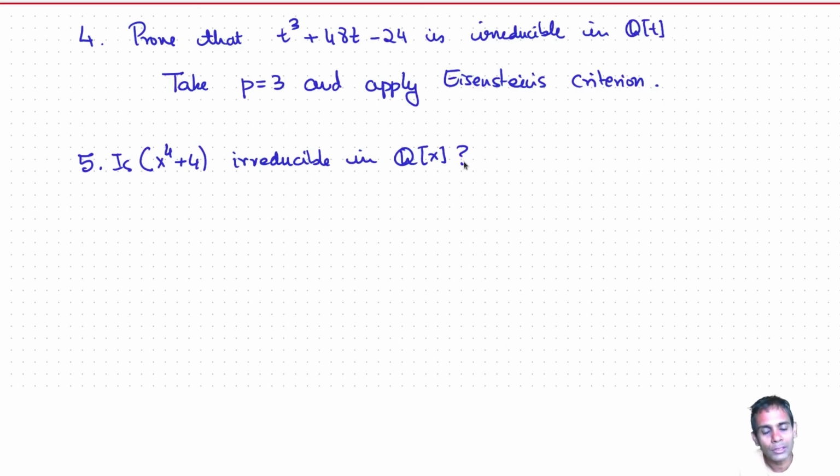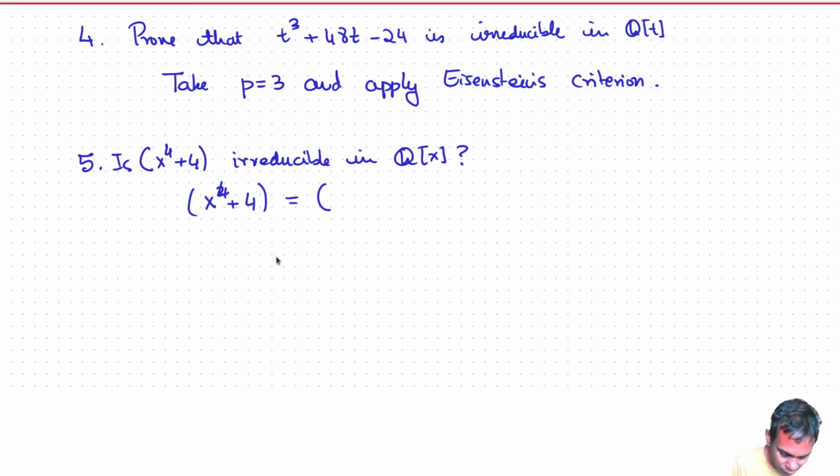Now note that x to the power 4 plus 4 does not have any linear factors because it does not have any rational roots. So we would be looking for a factorization into two quadratic factors. So let's try, and we should have x to the power 4 plus 4 be a product of two quadratic factors, and we know that we can choose them to be integer polynomials by Gauss's lemma.